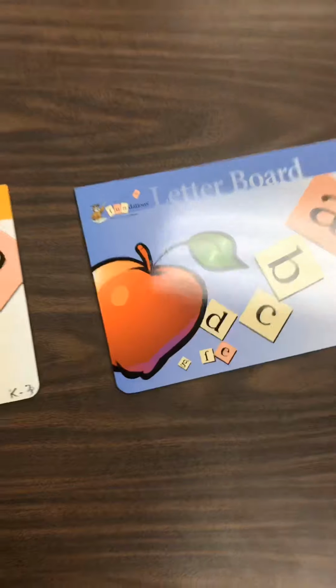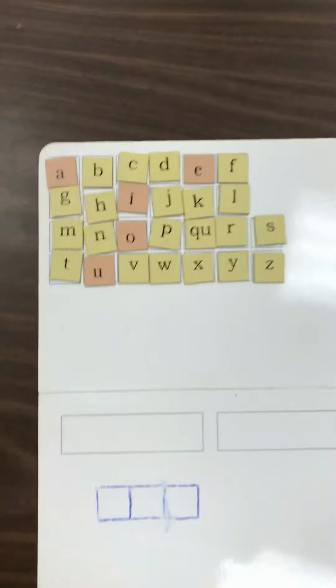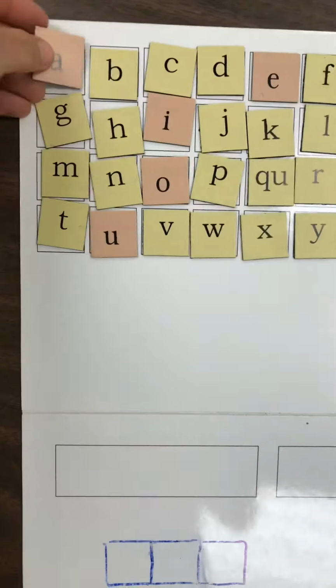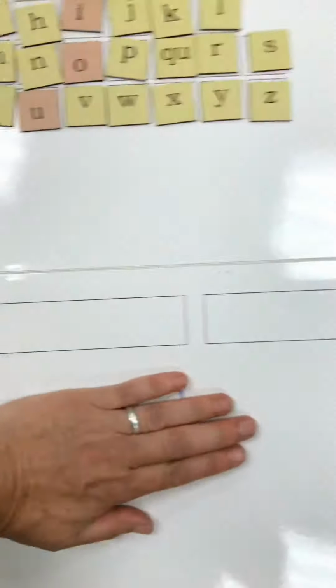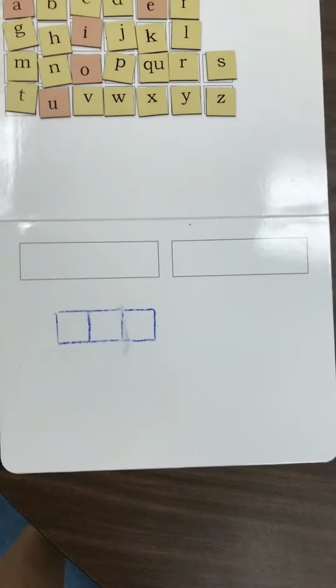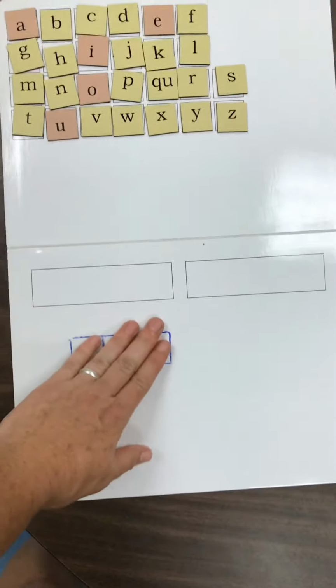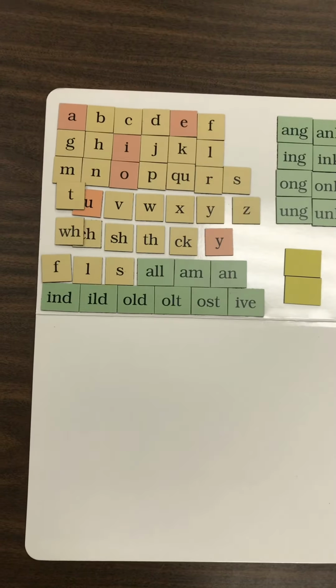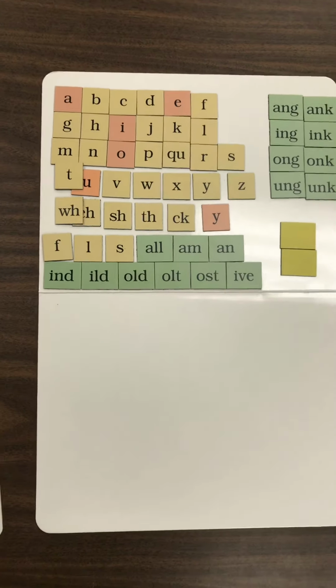These are magnetic boards, and this is an example of a kindergarten one where they could practice putting them in alphabetical order. Down here is where you might do, so I drew that on there, so ignore that. But you get more magnets as you go up in grades and introduce more concepts.